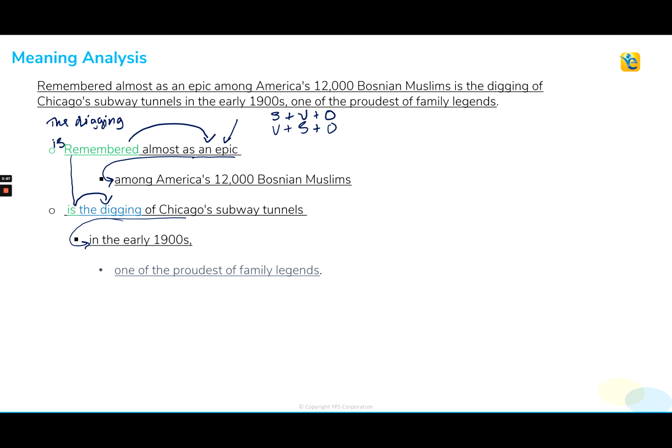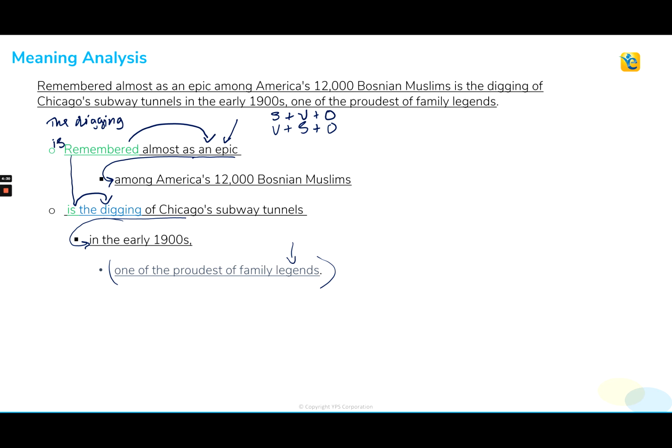Now, we also have the use of one of the proudest of family legends sitting down here at the bottom on its own, not really connected to anything else in the sentence. And the use of this word legends down here leaves me wondering, okay, well, maybe it's the act of digging these tunnels, which was quite impressive, and this became the subject of a legend, and that legend could have become an epic.